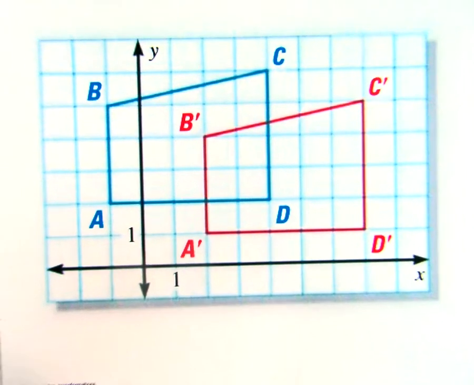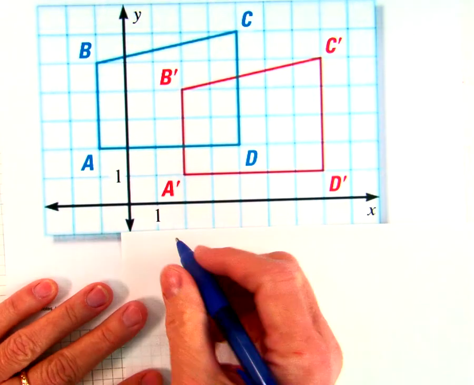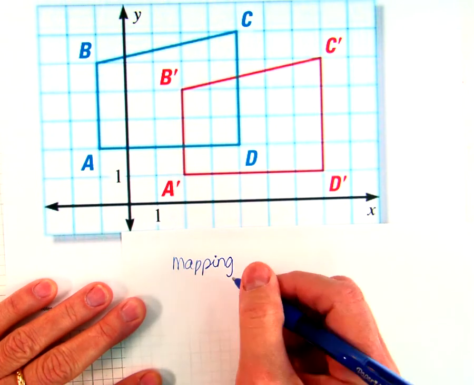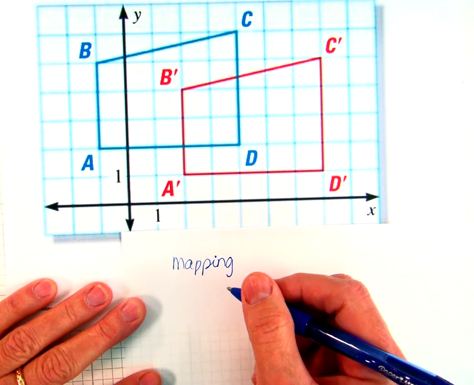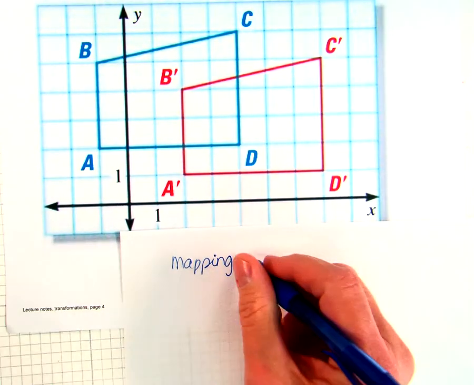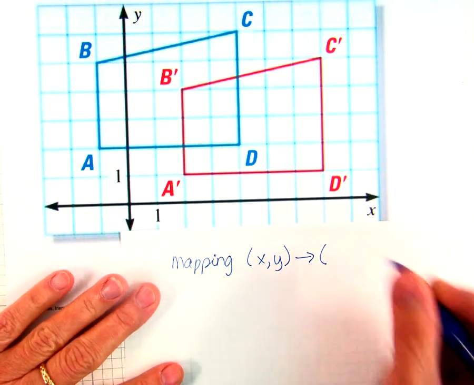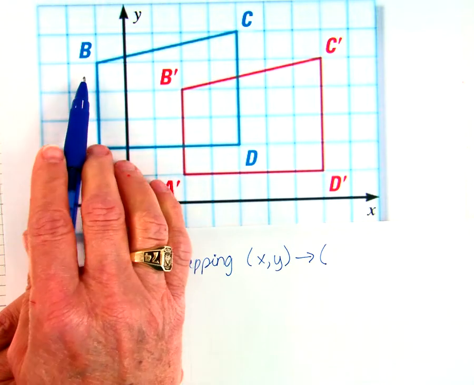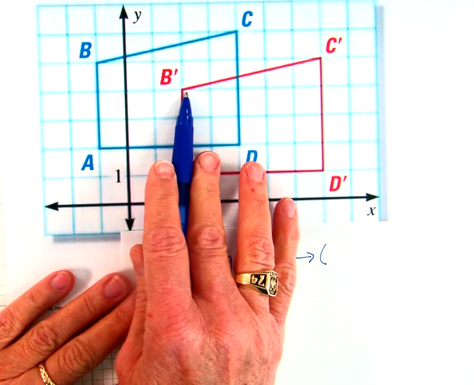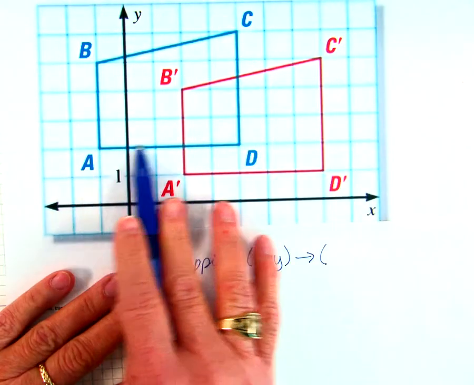One terminology that we'll need to know here is a mapping form of terminology. That would be mapping. We would say that (x, y) maps to, well, let's see what happens. Say if I take any point on the blue one, I'll move it 3 points to the right and down 1 to get to the new one. That's true for the C, over 3 down 1, A over 3 down 1.